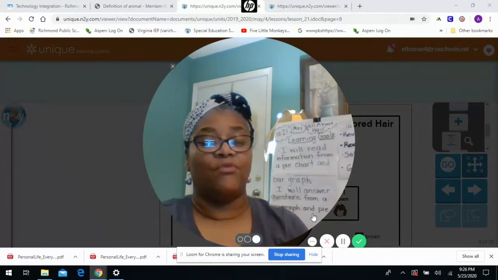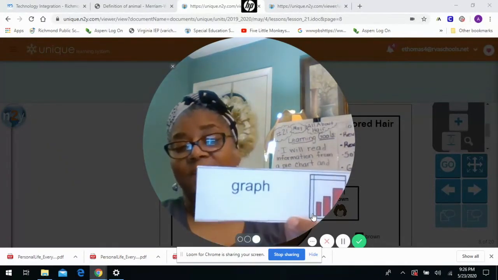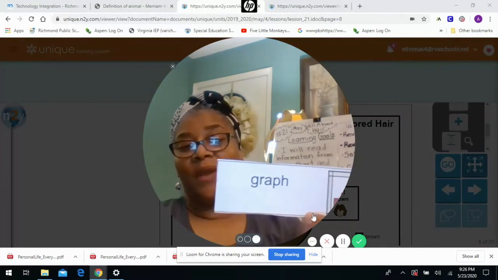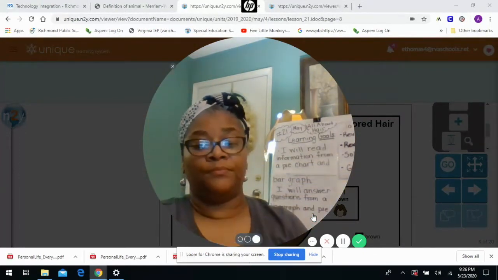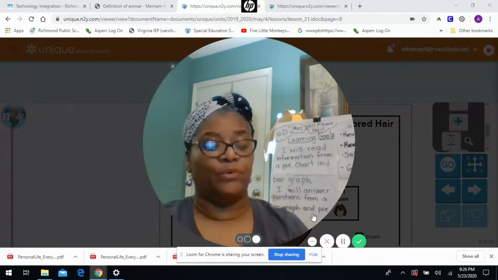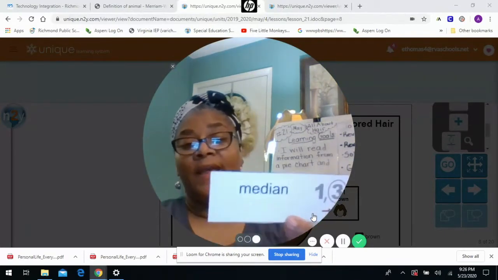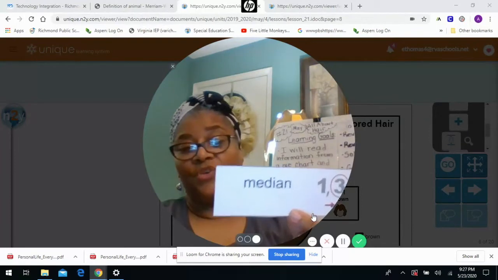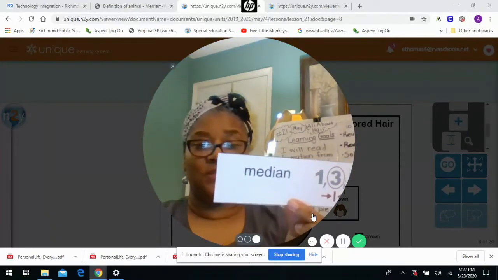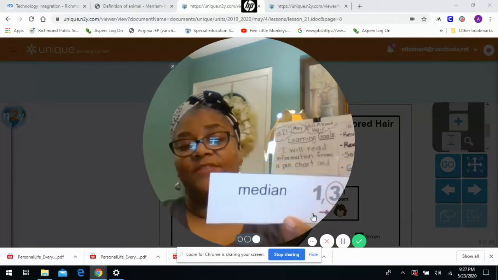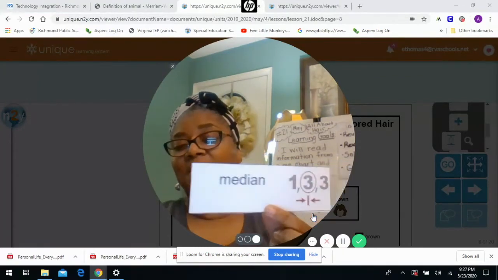Okay, do we have a graph? A graph is a diagram that compares one or more variables to another. And median is when you arrange a set of numbers from least to greatest, the smallest to the largest, and then you get the number that is in the middle.